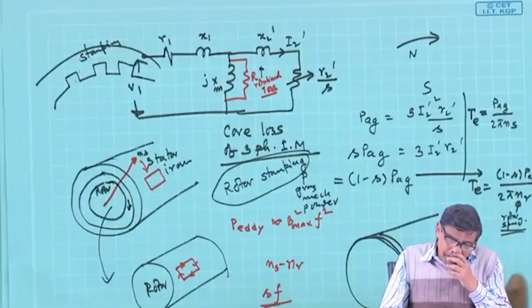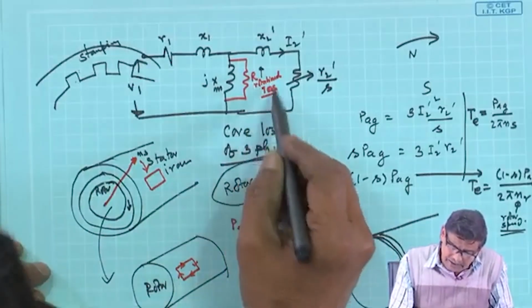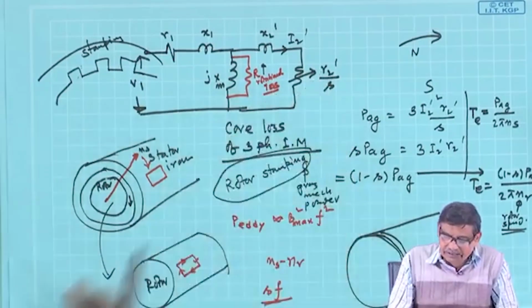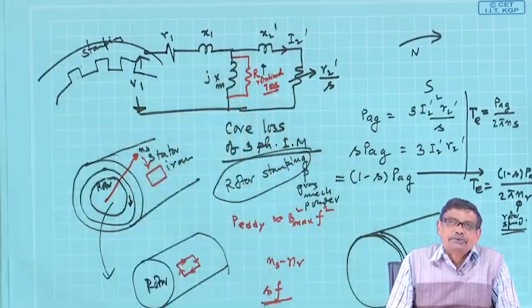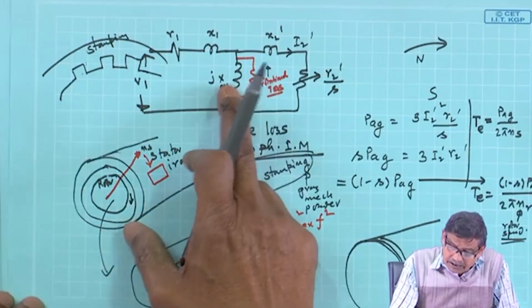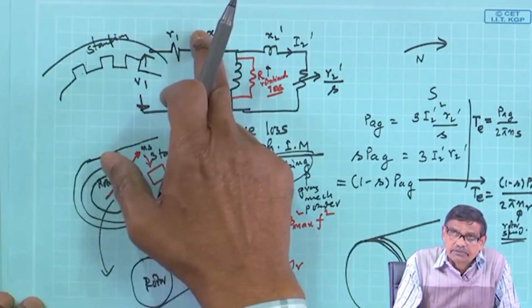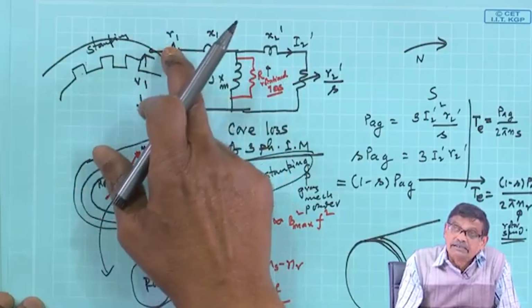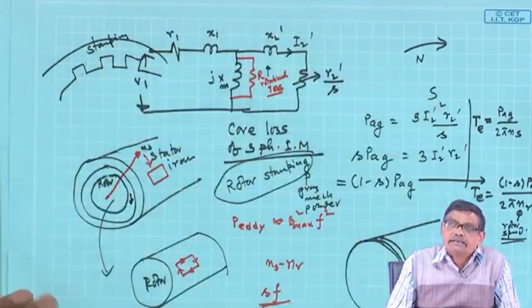Only thing is, people generally neglect this rotational loss resistance. If you include it, the R Thevenin and X Thevenin values, which are much larger than R1 X1 no doubt, will get changed.